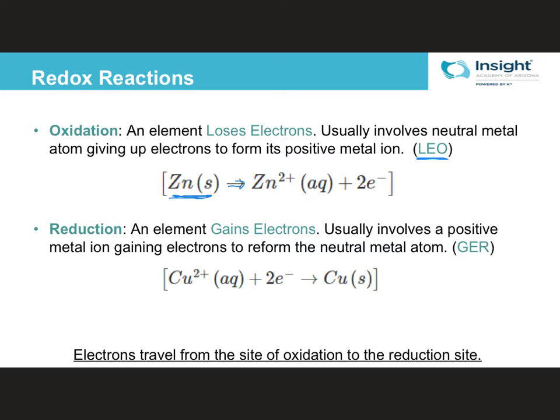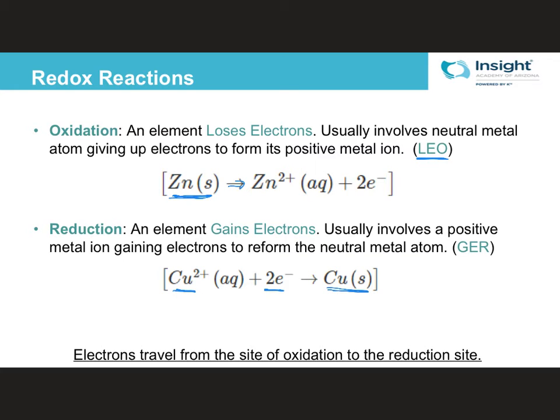Reduction, on the other side, you have an element gaining electrons. This is where that whole transfer of electrons occurs. So if you have an element gaining electrons, you're going to have something that starts out as an ion, and then it's going to combine with some electrons and form a solid metal.